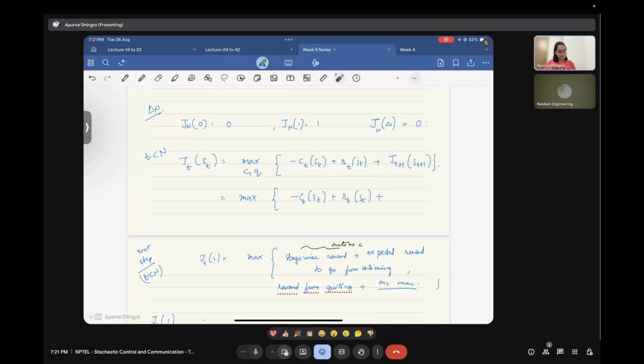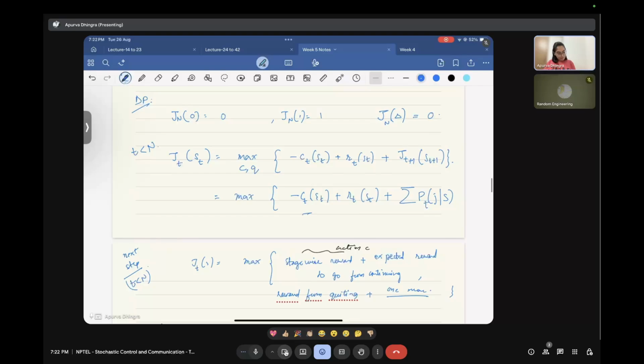So that becomes the probability pt of j given s, for the state j.